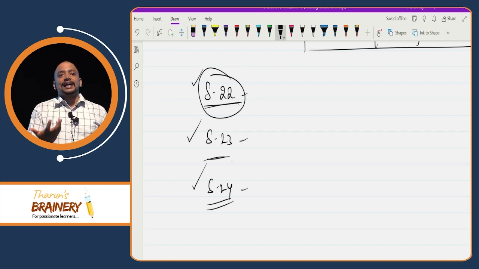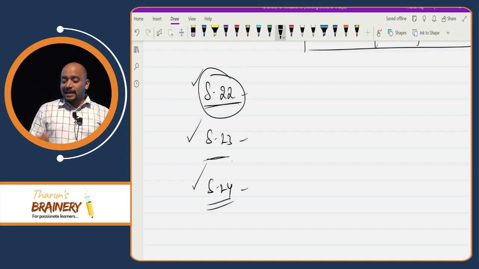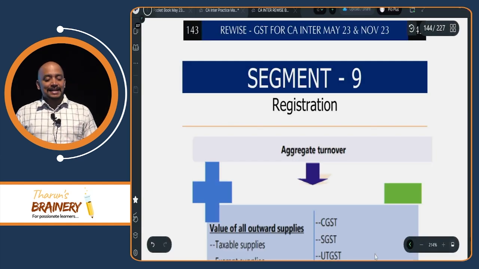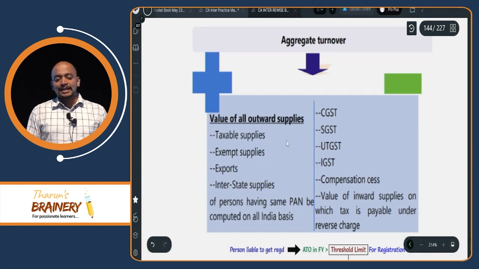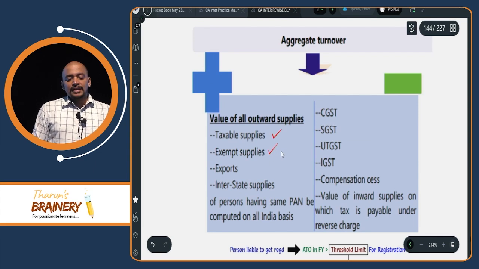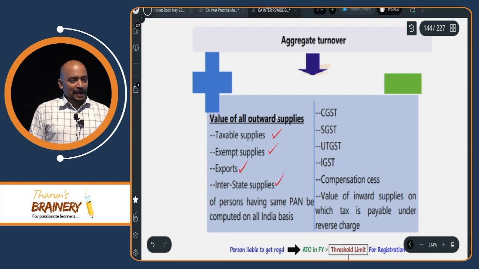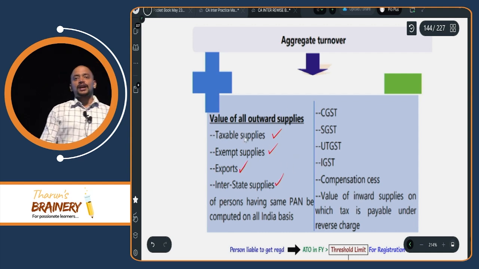What is the meaning of aggregate turnover? Aggregate turnover includes all 4 supplies, that is taxable supplies and exempted supplies. Exempted supply includes non-taxable supplies, then exports and interstate supplies. Should this be computed on an all India basis or state-wise? On an all India basis.